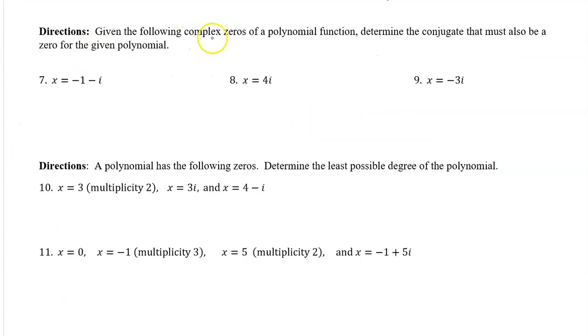Given the following complex zeros of a polynomial function, determine the conjugate that must also be a 0 for the polynomial function. Conjugates are like a plus bi and then a minus bi. So for the conjugate, we are just going to change the sign of the imaginary term. We're going to leave the real term alone.